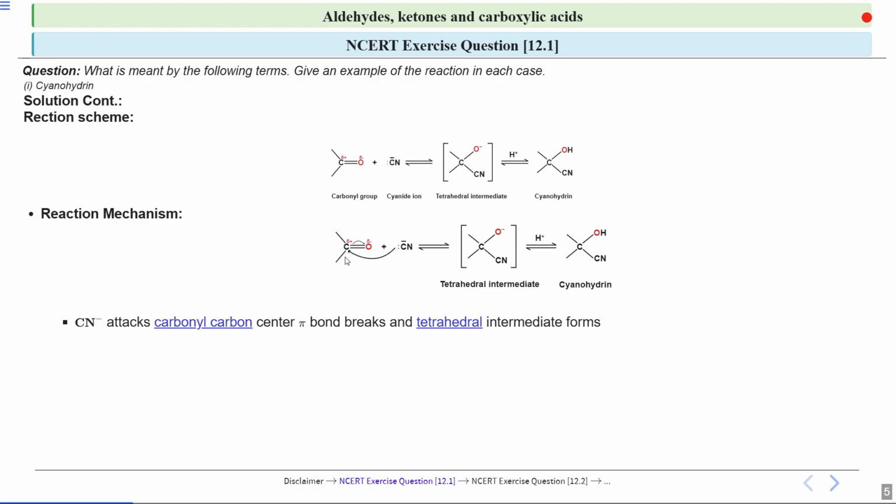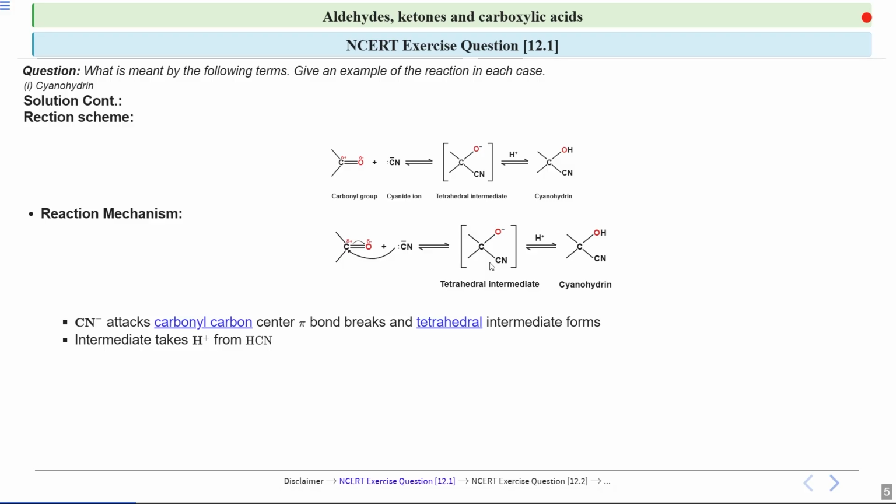So when the CN minus attacks this carbonyl carbon, the pi bond in the carbonyl breaks and the tetrahedral intermediate is formed. If you see, this pi bond between carbon and oxygen breaks and this tetrahedral intermediate forms. That is, to this carbon an O minus group and a cyanide, which is a CN group, is attached.